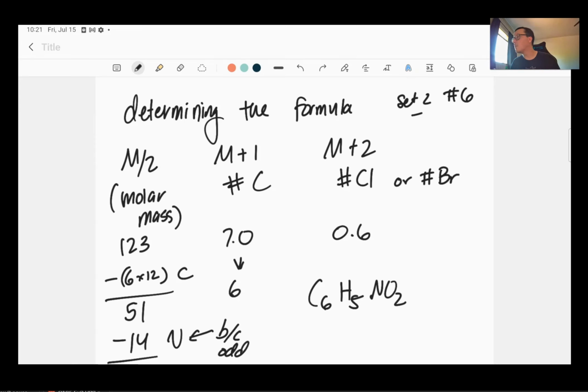Let's take a look at just looking at her practice exams real quick. Oh, gosh, that's kind of a pain. C14. Why does she give these crazy molecules?